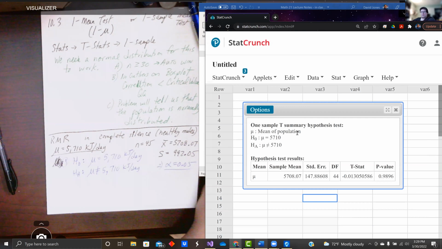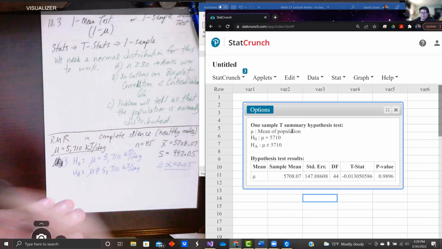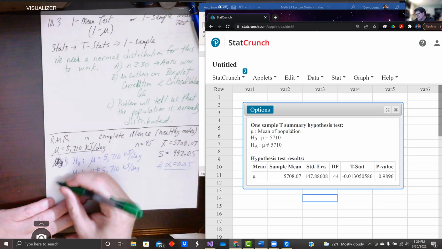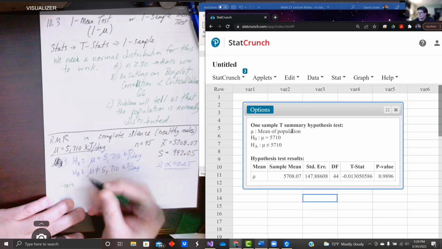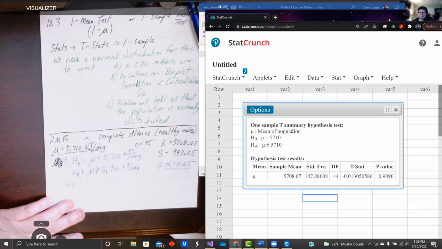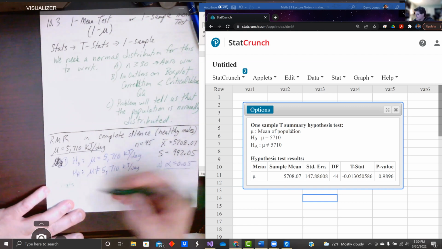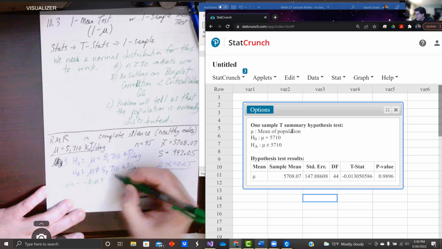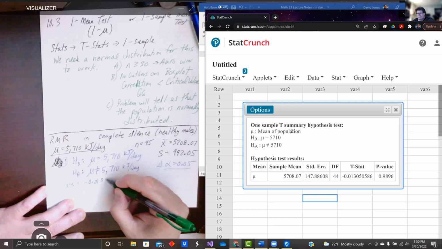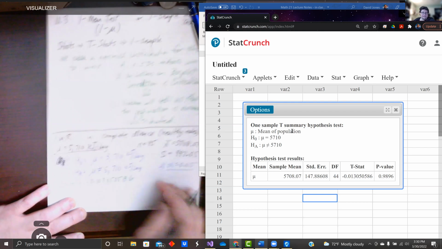So I'm going to click compute, and it's going to give me some information. It's going to tell me here, notice it says T-stat, not Z-stat. That's from that whole Student is the name of the guy. His name was Gosset. He went on by the name Student, but he chose T rather than Z to make it clear it was different. And this says negative 0.013050586.